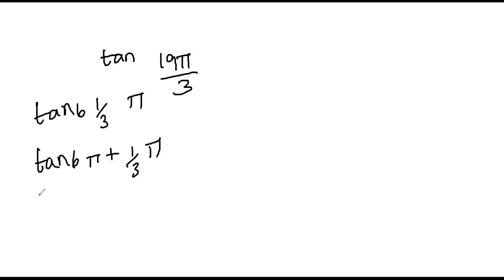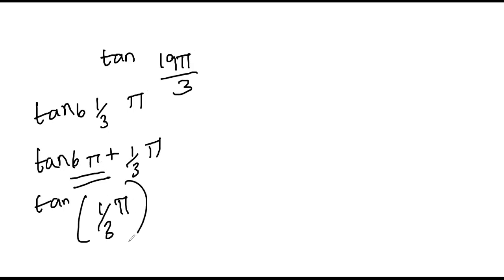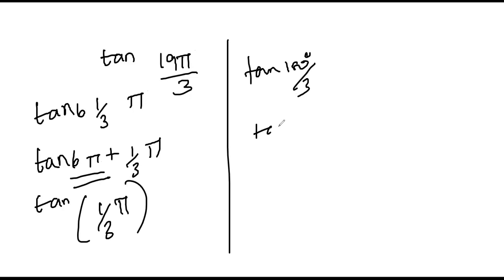Again, 6 pi is 3 times of 2 pi, so 3 times of 2 pi can be ignored and you will write it as tan 1 by 3 pi. Substitute the value of pi here, which is 180, so 1 by 3 of 180 is 60. So now you will have tan 60, root 3. Okay, ma'am. It's very simple. Yes.